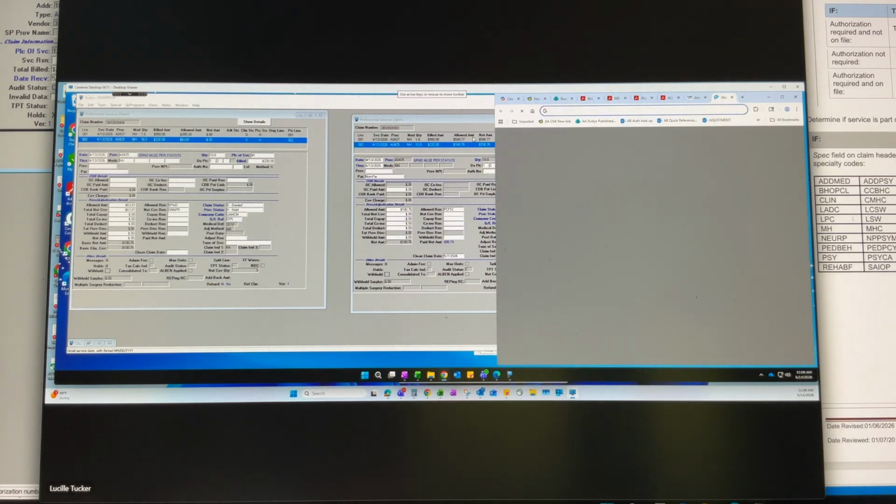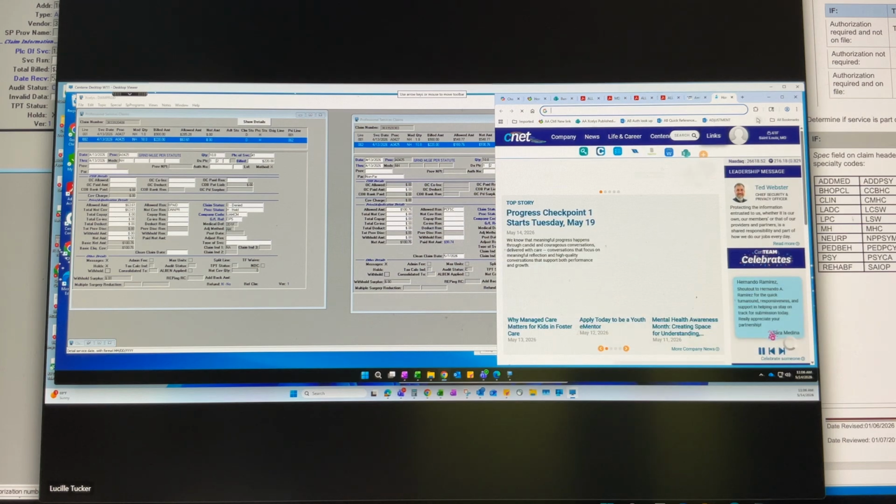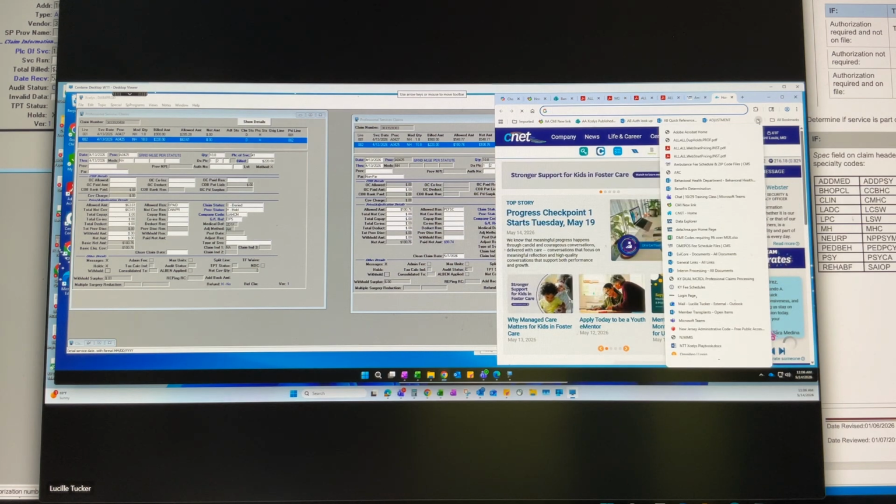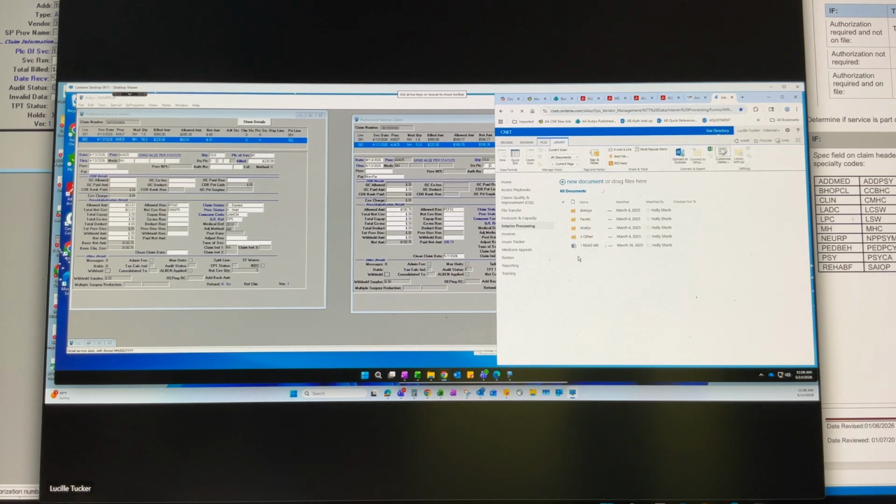Okay, so I'm going to the interim process because they have not updated the DOFRC rules for the dual plans on the SAT yet.